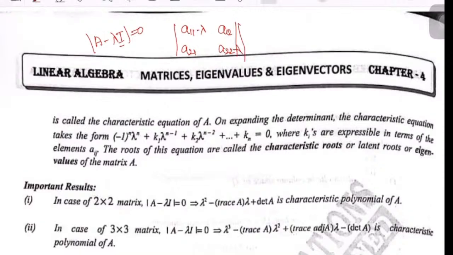On expanding the determinant, the characteristic equation takes this form, where the ki's are expressible in terms of the elements aij. The roots of this equation are called the characteristic roots or eigenvalues. Eigenvalues are nothing but the roots of the characteristic equation.